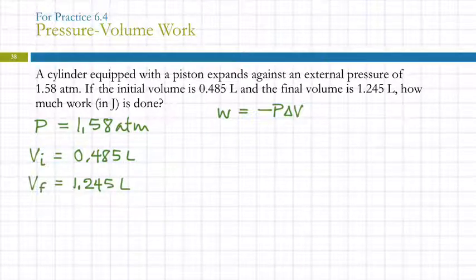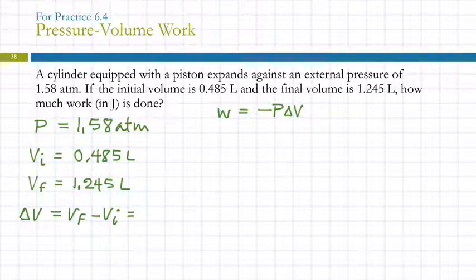Well, delta volume, same pattern as delta T. Delta volume is the final volume minus the initial volume. If the change is positive, that means the thing gets larger in volume. If the change is negative, it gets smaller.